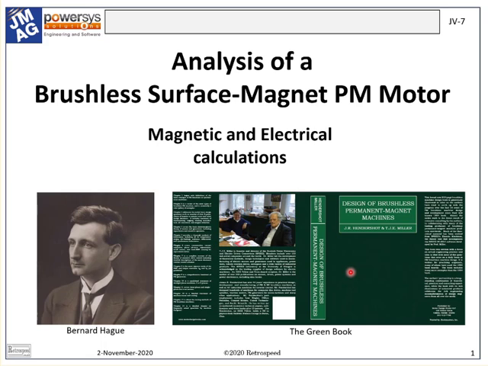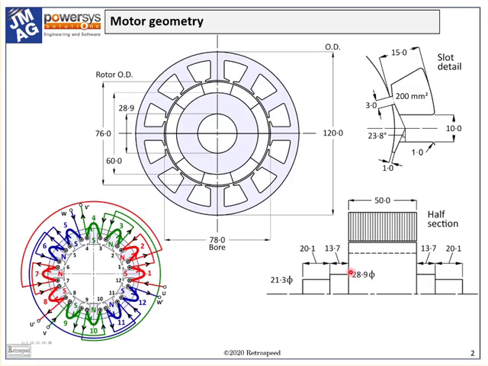If you don't use the Green Book, I should point out that all the theory and formulas are also available elsewhere in the published literature, some of it very old, but the Green Book collects quite a lot of it together in one place. I will make reference to some of the seminal papers along the way. Our objective is to try to do the basic magnetic and electrical calculations.